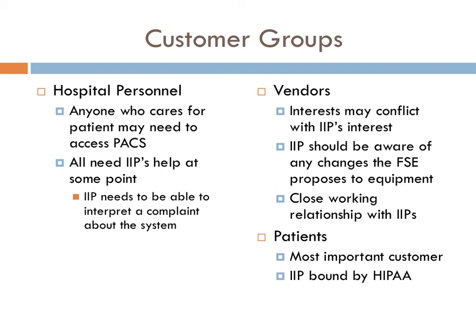Vendors are an important part of the customer group, but often their interests may conflict with the imaging informatics professional's interests. For example, a vendor wants a sale, but an IIP wants a good working system that integrates well with the IHE protocols and makes life easier for his or her customer groups. It is important for an IIP to be made aware of any changes that may need to be made to existing equipment in order to get the vendor's PACS system working correctly at their hospital.